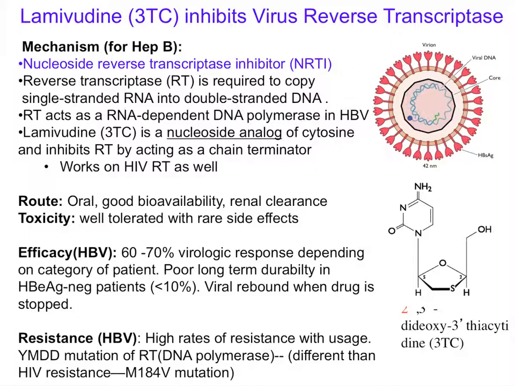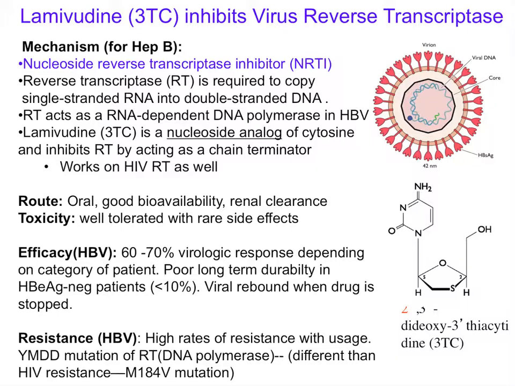Lamivudine, which is also known as 3TC, and that's an abbreviation that you will actually hear quite often on the clinical wards. We often refer to it simply as 3TC. It is a nucleoside reverse transcriptase inhibitor, and its mechanism of action is quite analogous to that of acyclovir or ganciclovir in many ways.